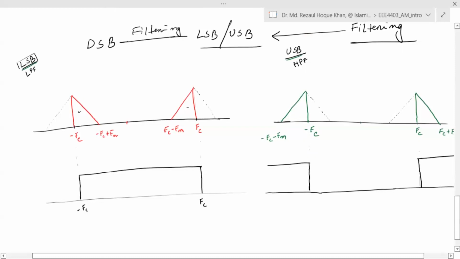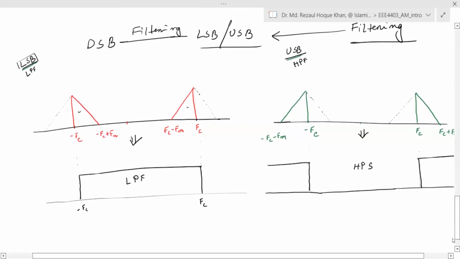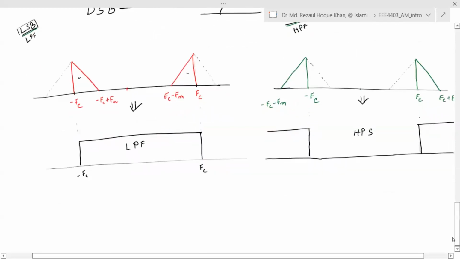So this is actually a low pass filter. This is actually a high pass filter. So if I pass my USB, upper sideband, through a high pass filter, or if I pass my LSB, lower sideband, through a low pass filter, I will actually extract those portions, right?